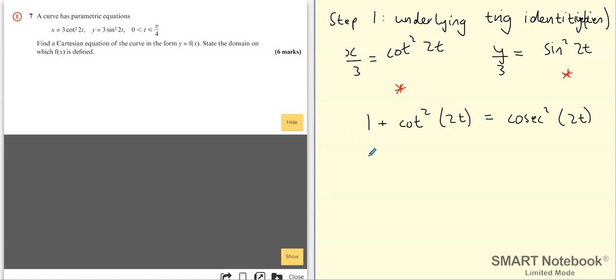So I can say 1 plus cot squared I can replace with x over 3. How am I going to get cosec squared from this highlighted thing here? How am I going to get cosec squared from y over 3 equals sine squared 2t?